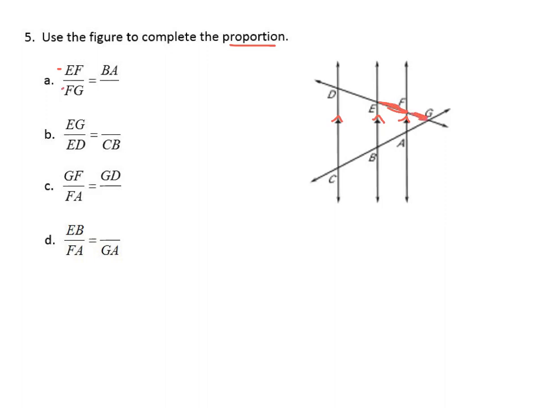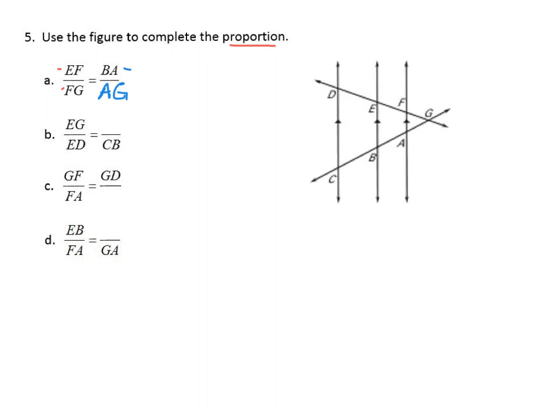So we have those 2 pieces in red. And then the proportion continues across from EF, we have BA. So the next part of my proportion, I want something to match up with FG here. Well, that's obviously going to be AG across from it. So the last part of my proportion is going to be AG.